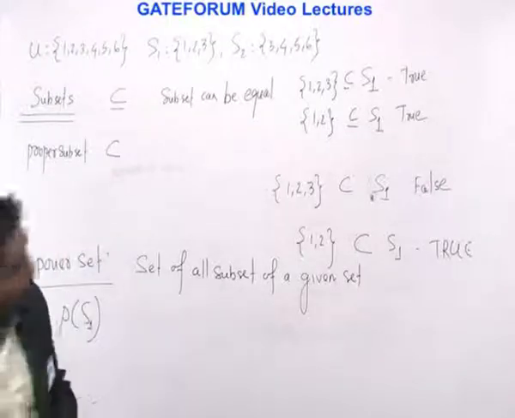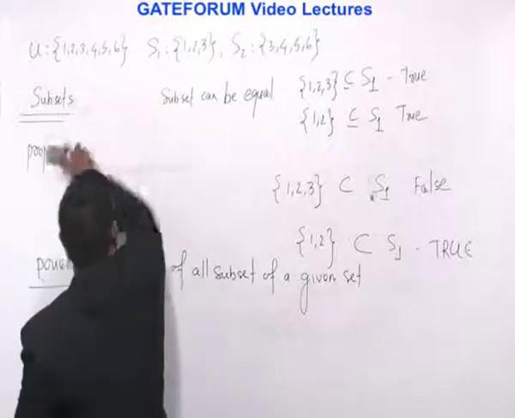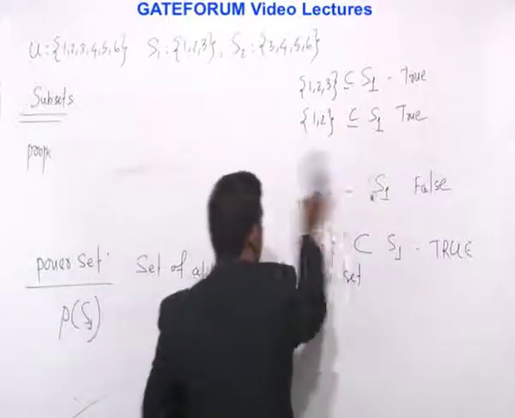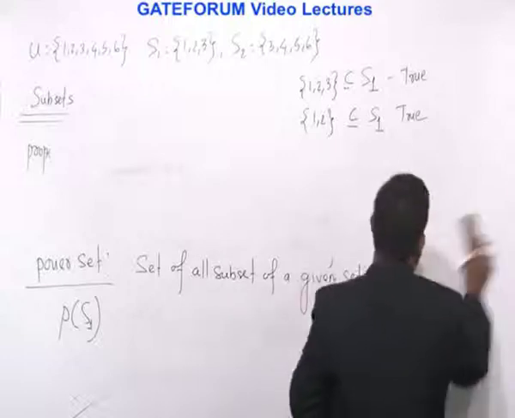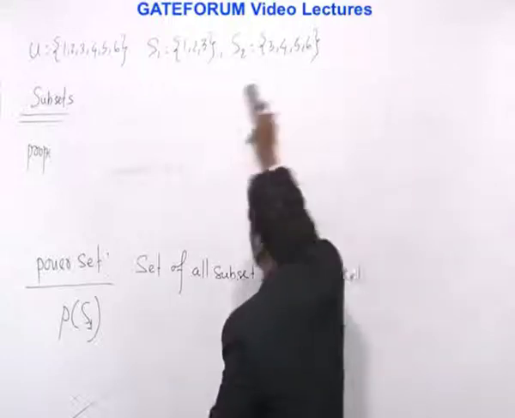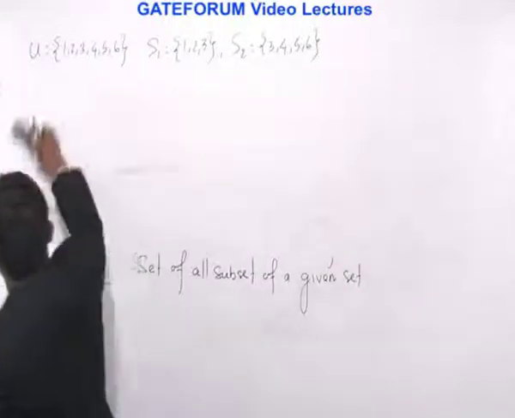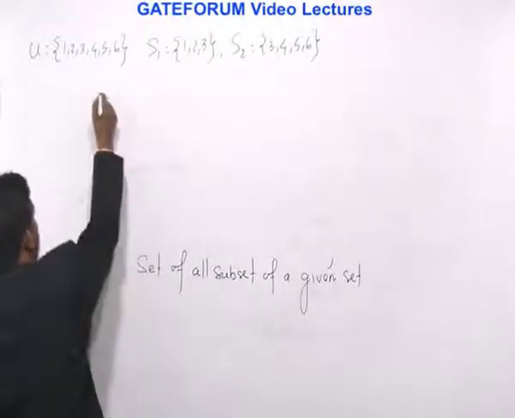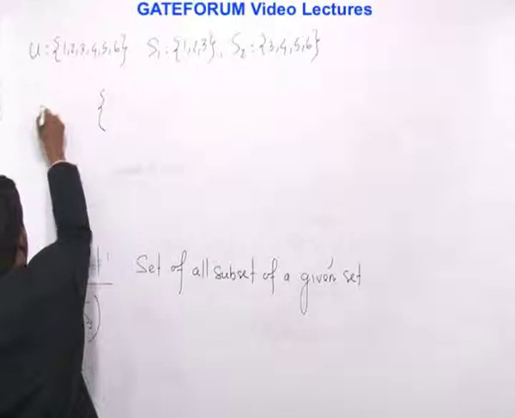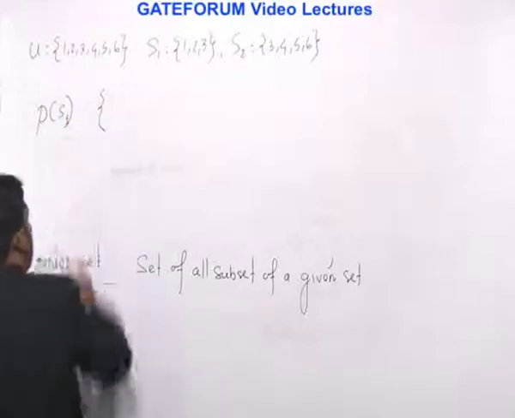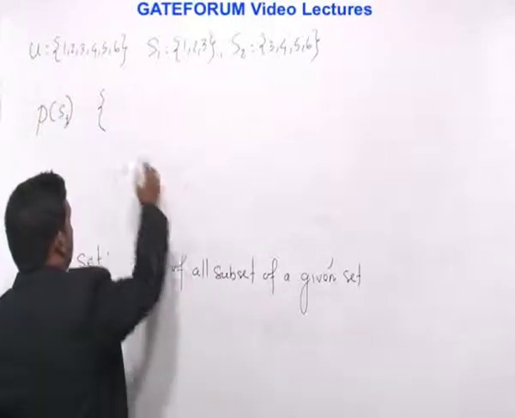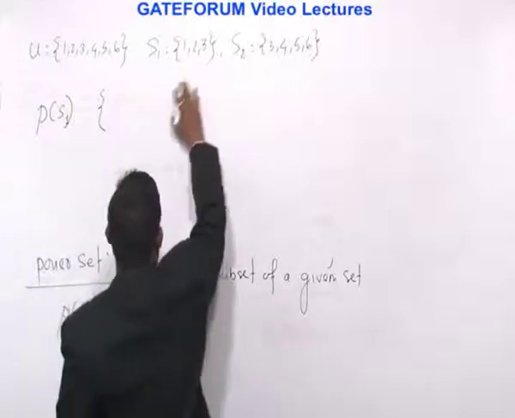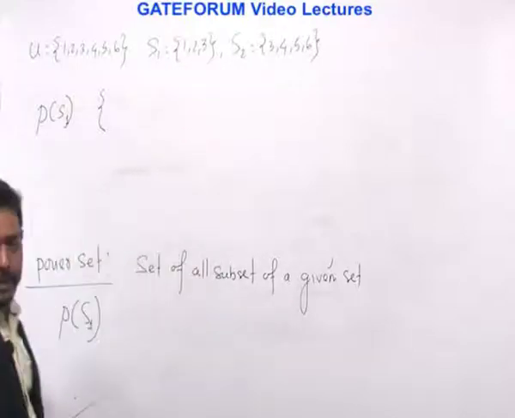So my set is {1, 2, 3}, and I want all the subsets of this set. Notations are important in set theory. Now these are the set of all subsets, and this is S1. In this case, of {1, 2, 3}, you can take no element from that. Don't select any element.